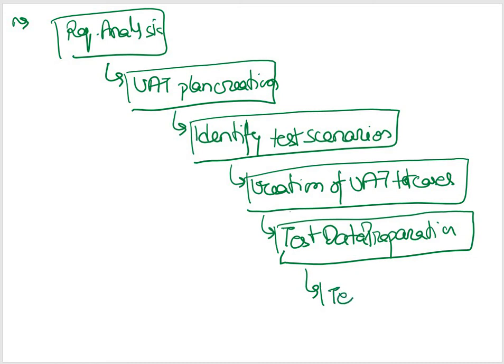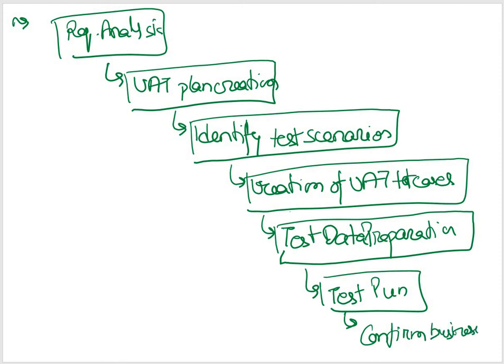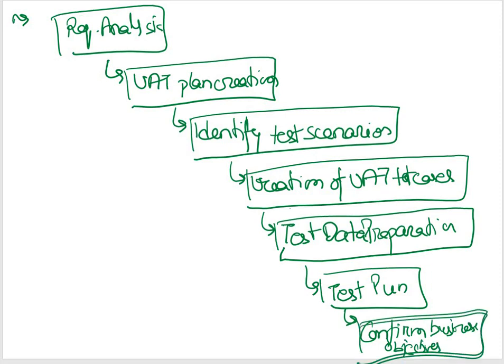Basically, in these things, the time consumed is not much, because in the previous phases we already have a dump of test data and other stuff, and we are only going for a subset kind of thing. So test run, and lastly I can confirm the business objectives. Right, these are some of the things, right?